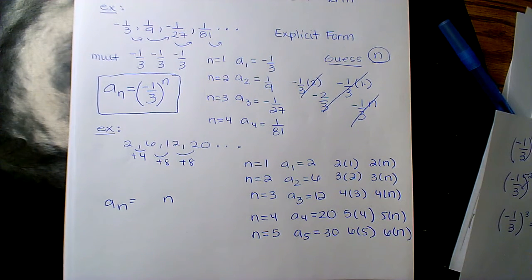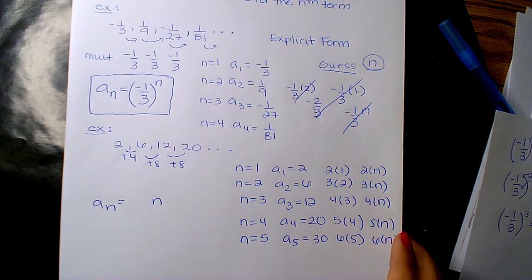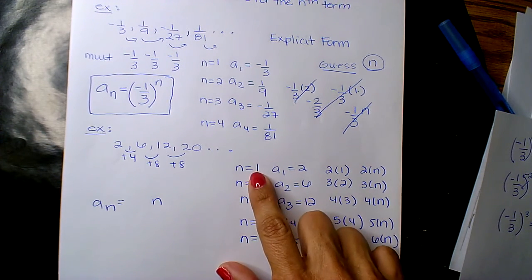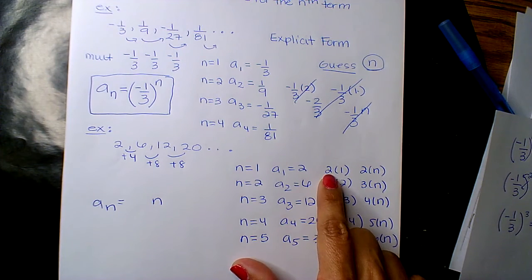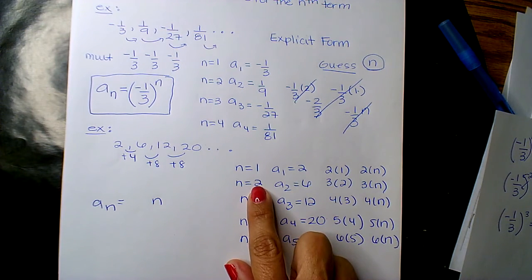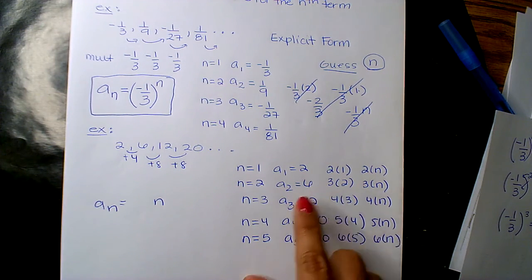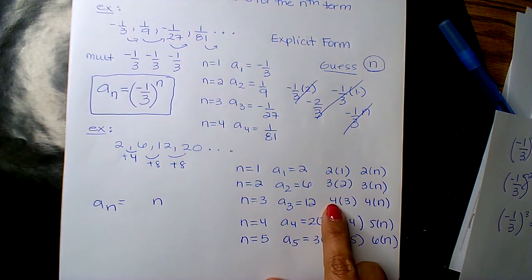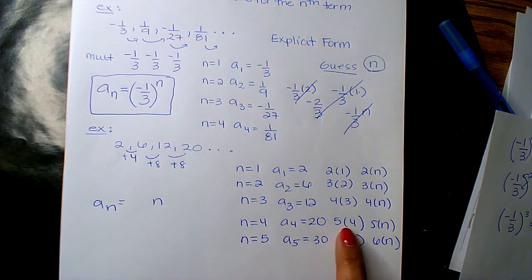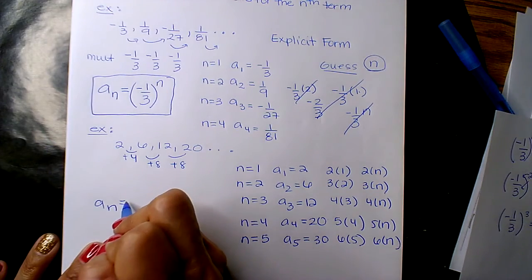What's happening with that front number in regards to the n value? See how it's 1, but I multiplied by 2. See how it's the second term, but it's 3. It's the third term, but it's 4. Fourth term, but it's a 5. So it's almost like that.